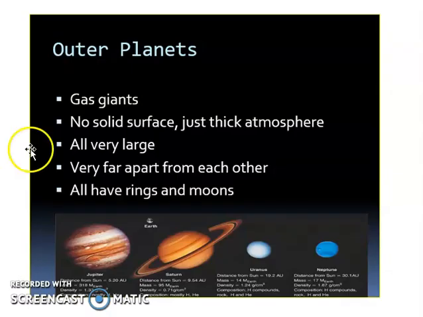Another characteristic is that there is no solid surface. They only have a thick atmosphere of gases. They are very large compared to the inner planets. At the same time, they are very, very far away from the sun. All of the outer planets, Jupiter, Saturn, Uranus, and Neptune, have moons and rings.